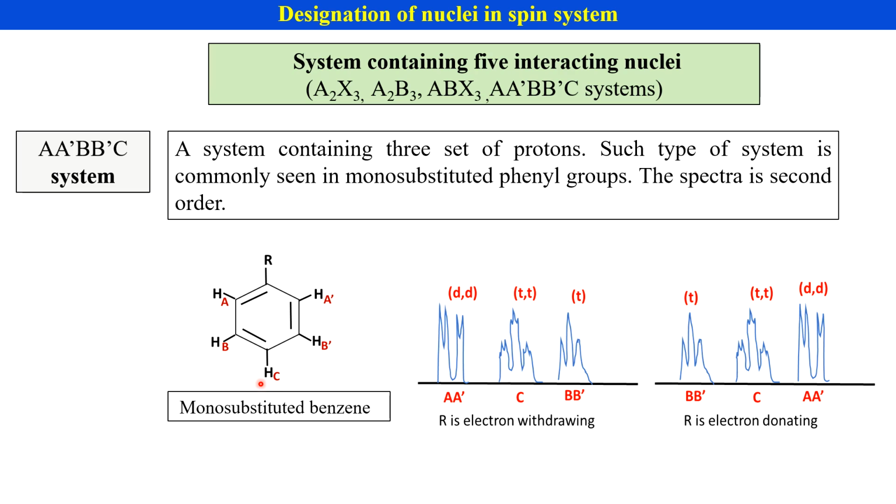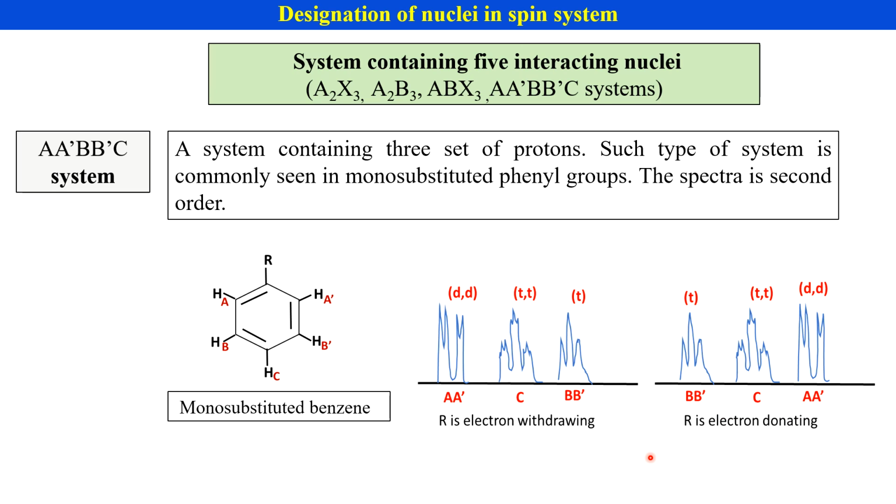Because C type of proton couples with B and B', we get the triplet. Now again it couples with A and A', therefore a triplet of triplets is obtained. If R is electron withdrawing, then such type of scenario is seen. And if R is electron donating, then BB' is a deshielded proton, C and then A'.